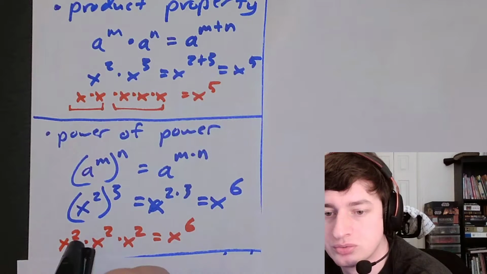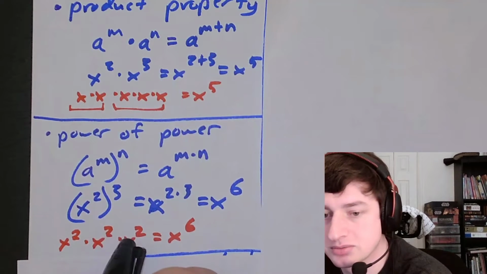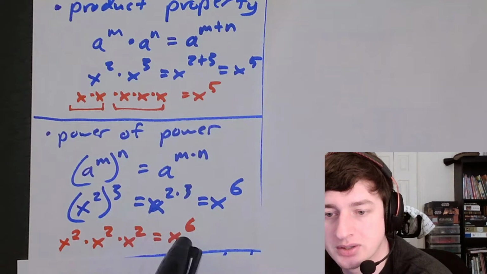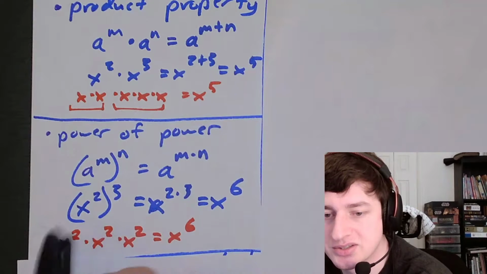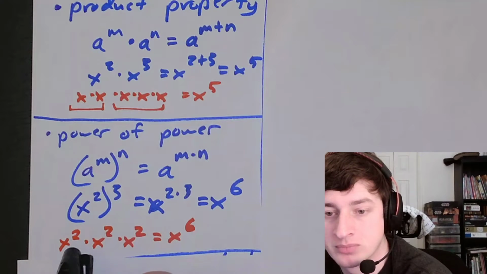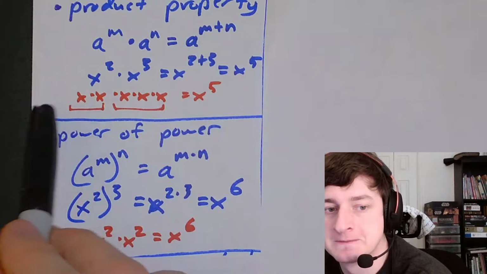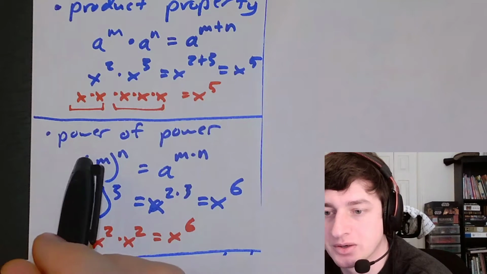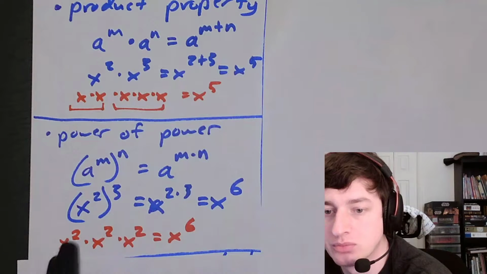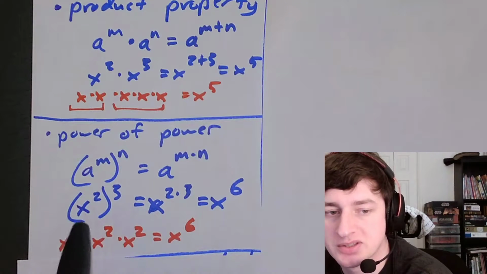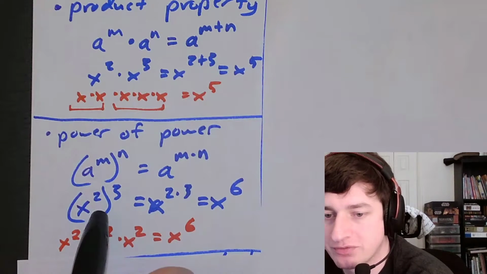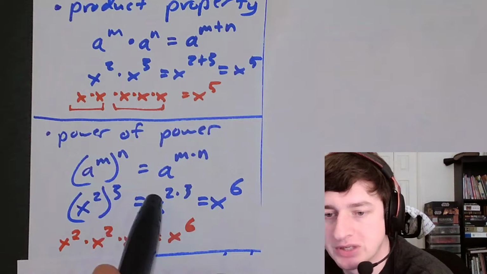So we do 2, 4, and 6, right? I just add all the 2's together and I get x to the 6th. There's 6 x's here being multiplied. So power of a power is just the product property to make this easier. Okay, so we would multiply the 2 times the 3. It doesn't matter what the numbers are. If this was a 5 and a 10, you'd multiply them, you get 50.